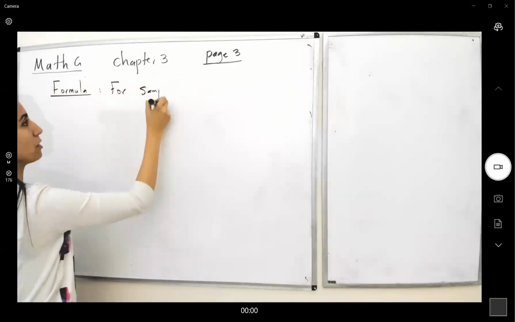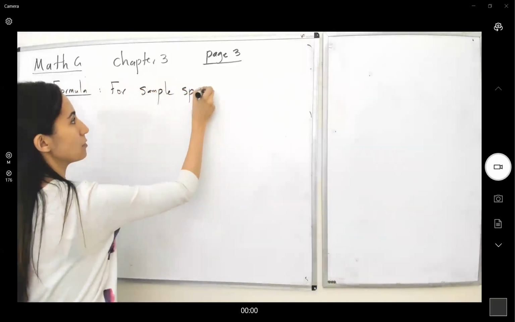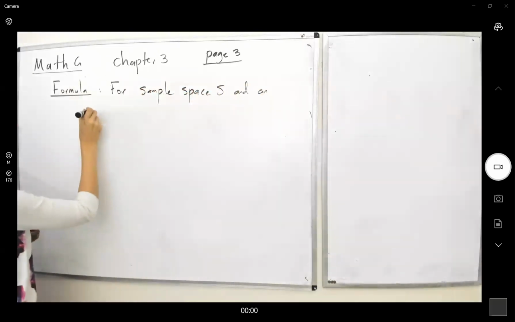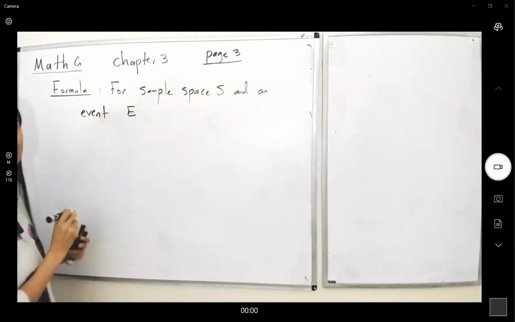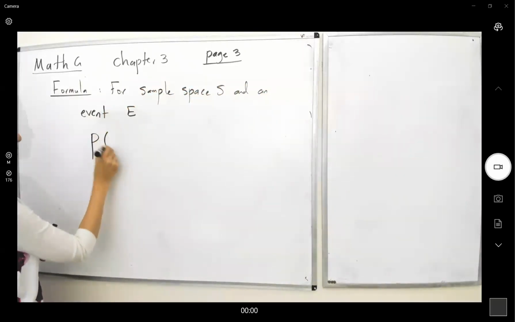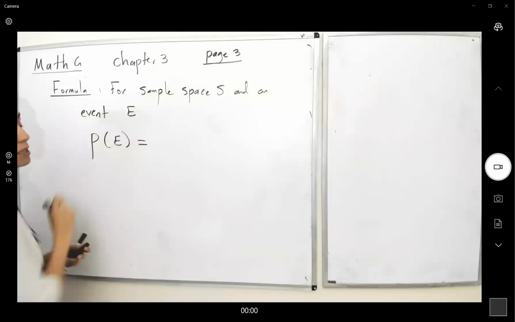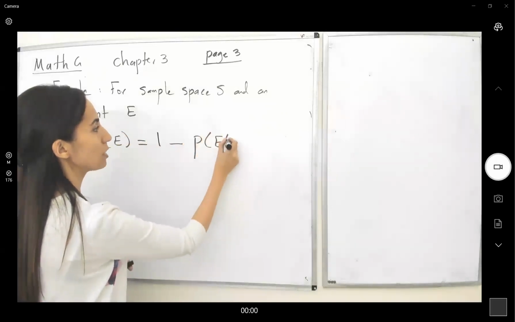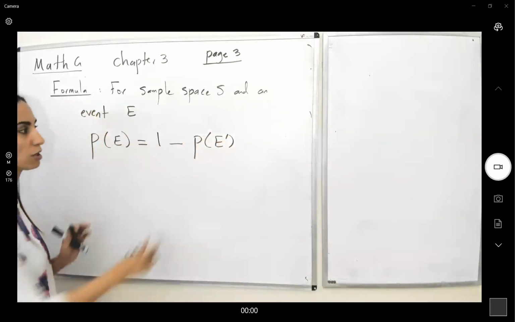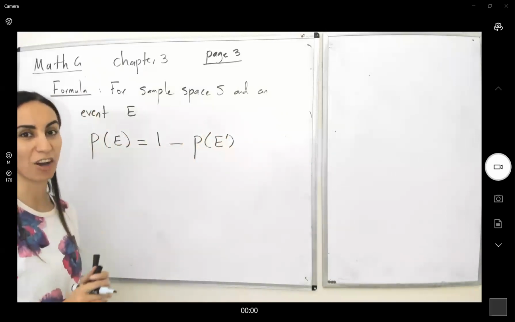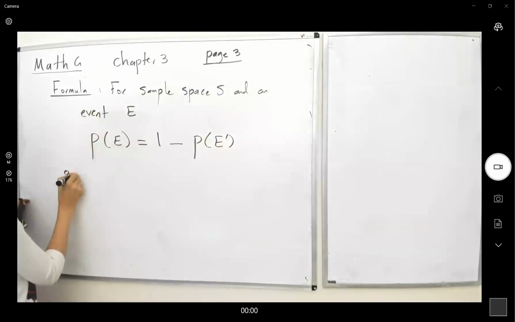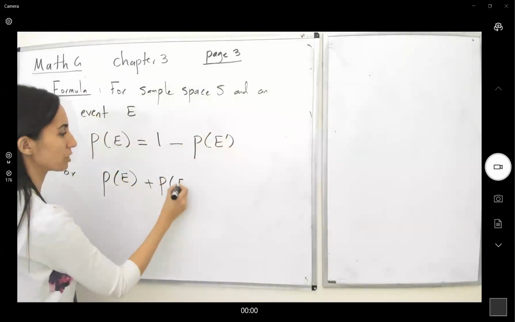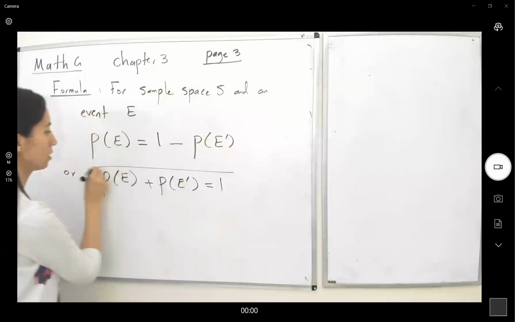For sample space S and an event like E, the probability of event E is equal to 1 minus the probability of its complement. Or if you add the probability of the complement to both sides, you get the sum to be equal to 100% or just 1.